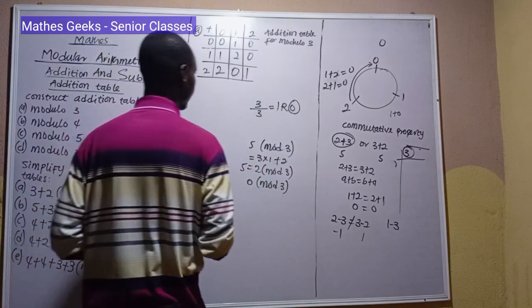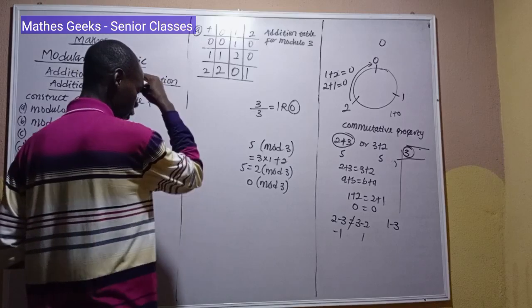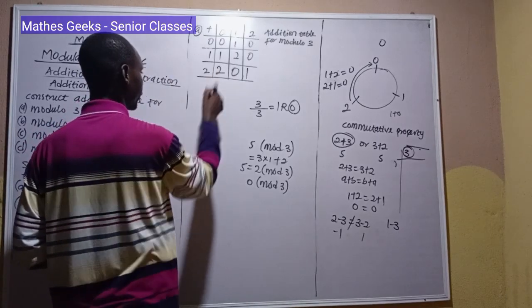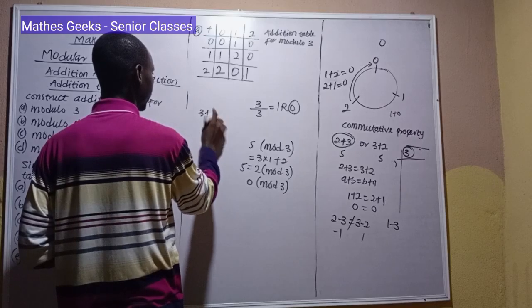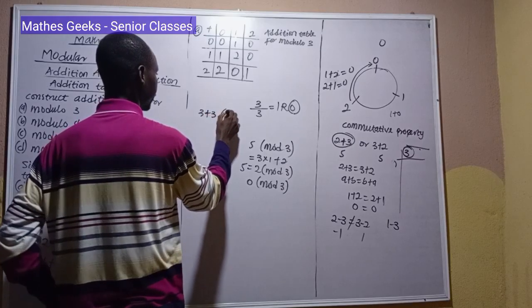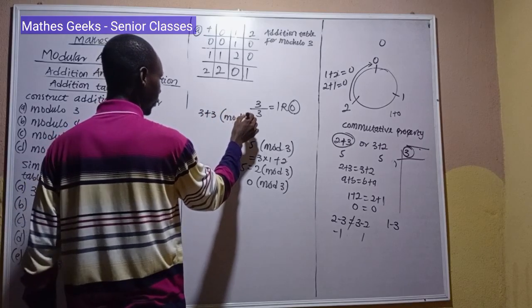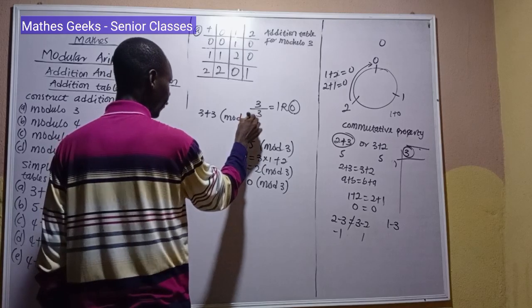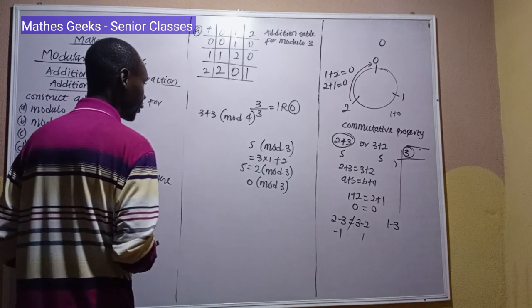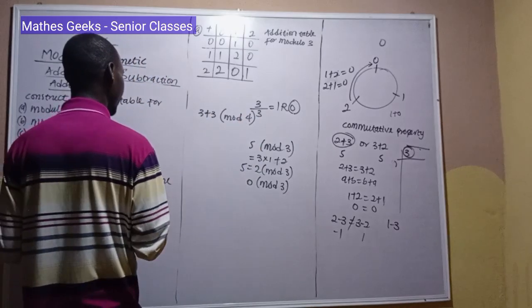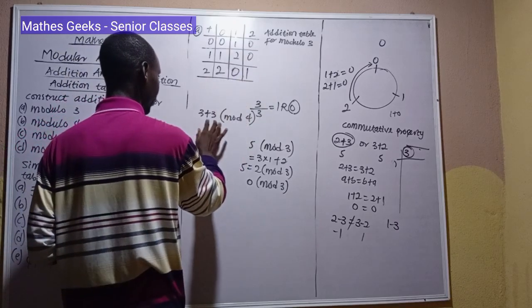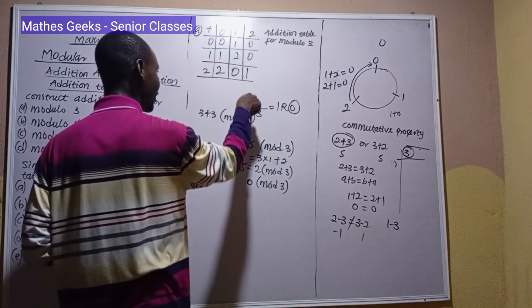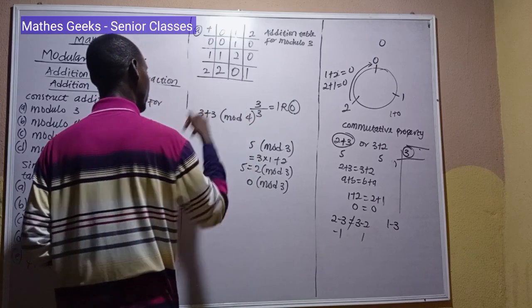So assuming it is, let's say, 3 plus 3, and it's mod, let's say mod 4. 3 plus 3 will give us 6. And in mod 4, the highest number is 3. So by the time you get to 3 plus 3, which is 6, you're not going to put 6 there, because in mod 4, the highest number is supposed to be 3.